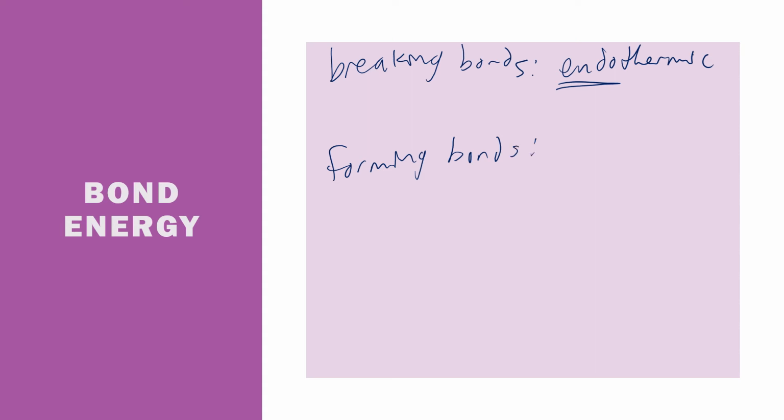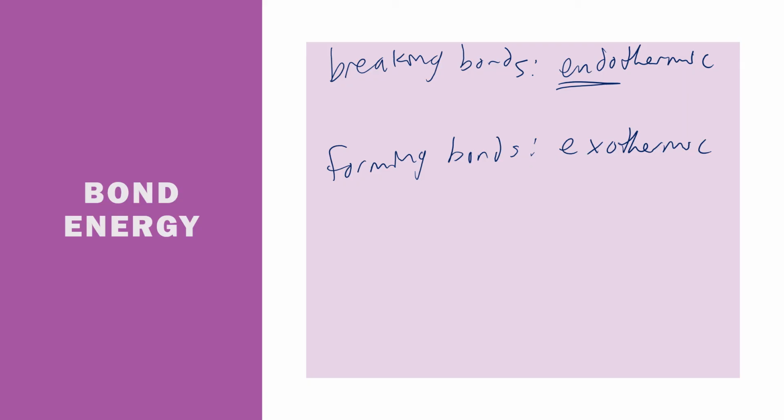And that's exothermic. Now, this should follow Coulomb's law for the most part. Always, you have to think about the size of the charge and the distance. So the stronger the attractions, or the stronger the bond, the more energy it will require to break those bonds.